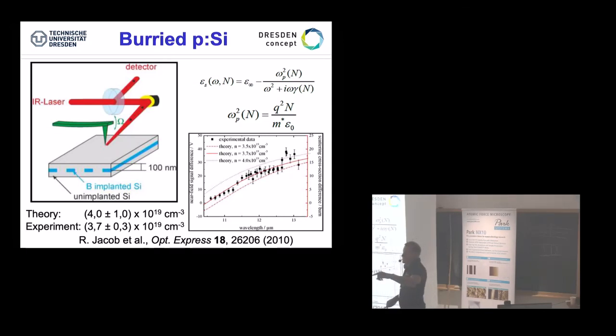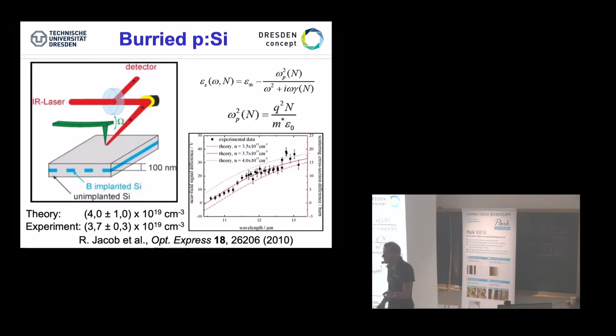So we're really blind, we're sticking in the dark, and we really stick our fingers or our tip into the system, and we scan, because we had some hints, between about 10 and about 14 microns wavelengths. And what we find is naturally that at some point we hit, in fact, a resonance.